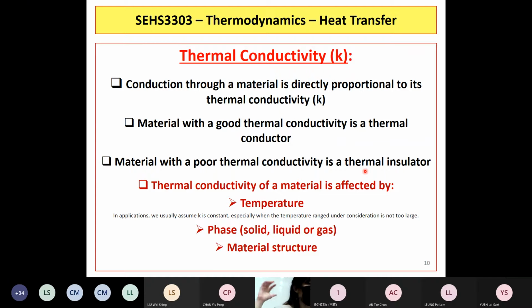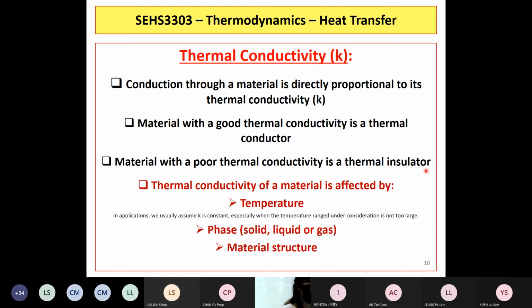It does not have enough free electrons to help transfer energy, so it is a thermal insulator. Usually it is a poor electrical conductor because of fewer free electrons.